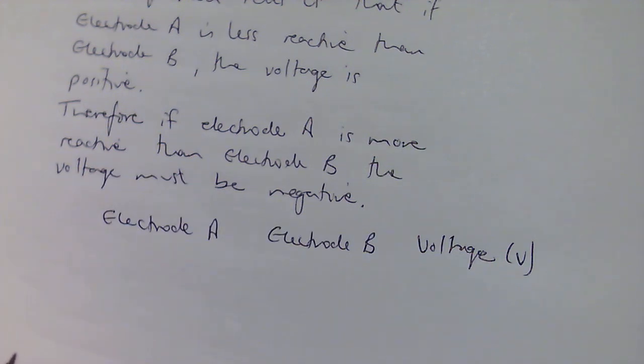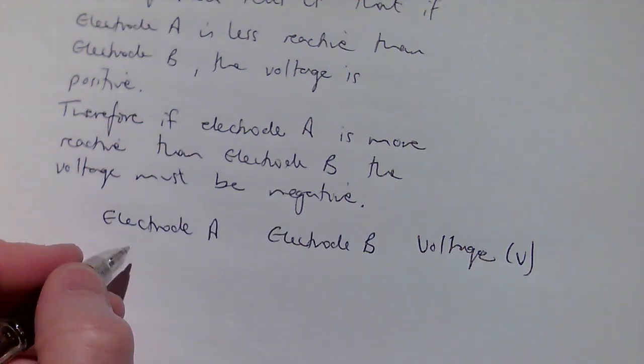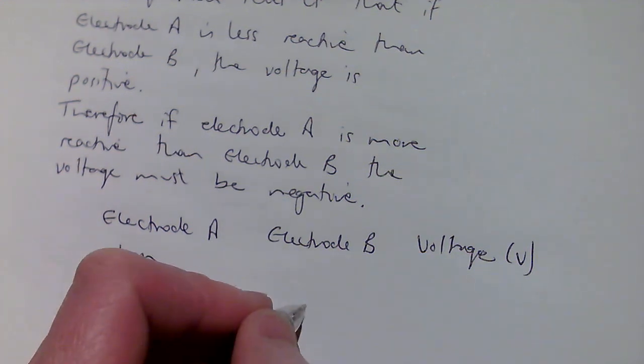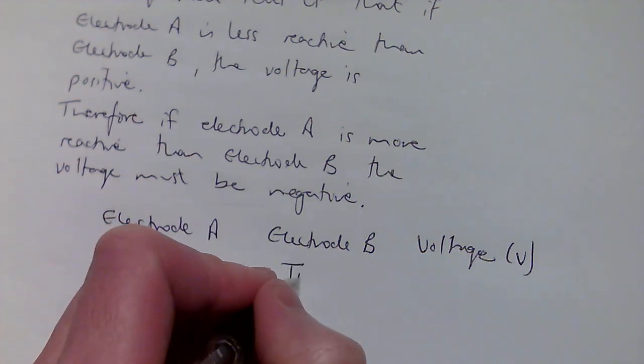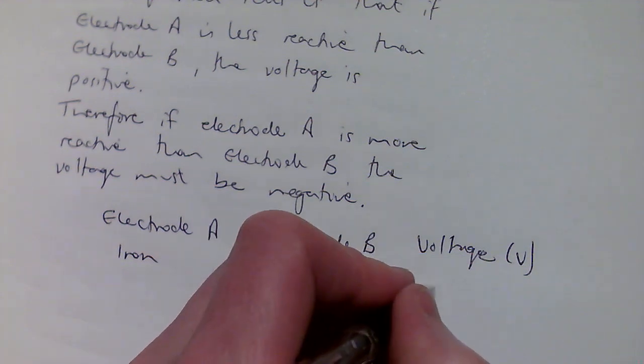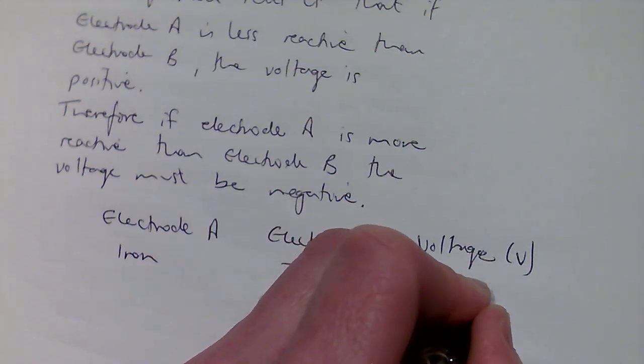So let's make electrode A from a lump of iron, and we'll make electrode B from tin. Then we put them together, and the voltage that we read on the voltmeter says minus 0.30 volts.